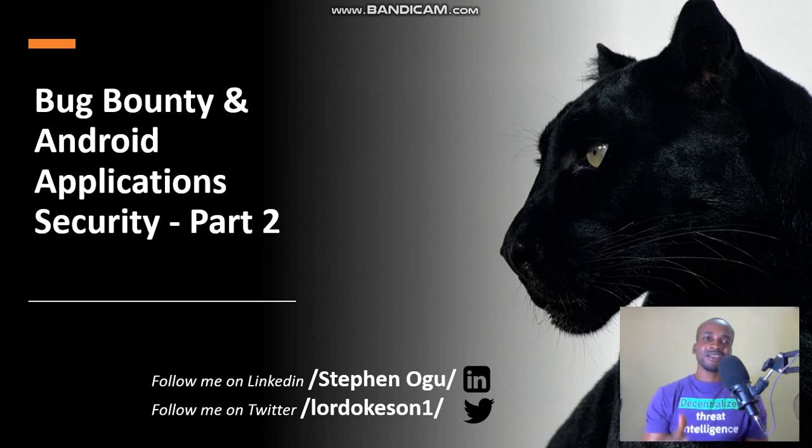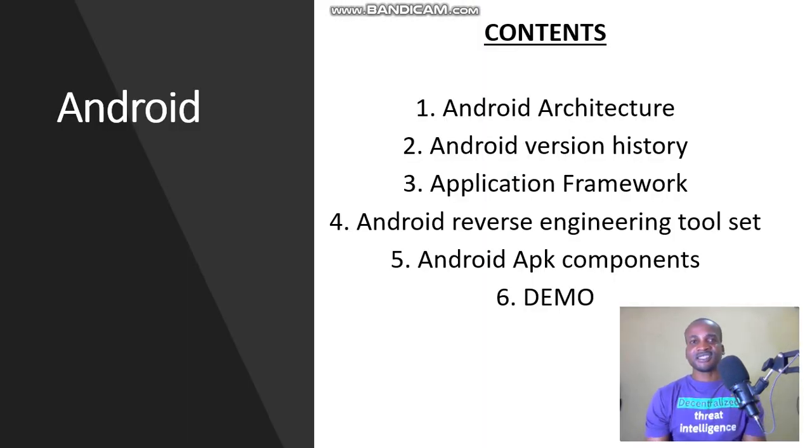So in this video, we're going to be going deep dive into Android application security. What we're going to be learning in this video is Android architecture. We're going to learn how the Android operating system is built. Also, we're going to do an overview of Android version history.